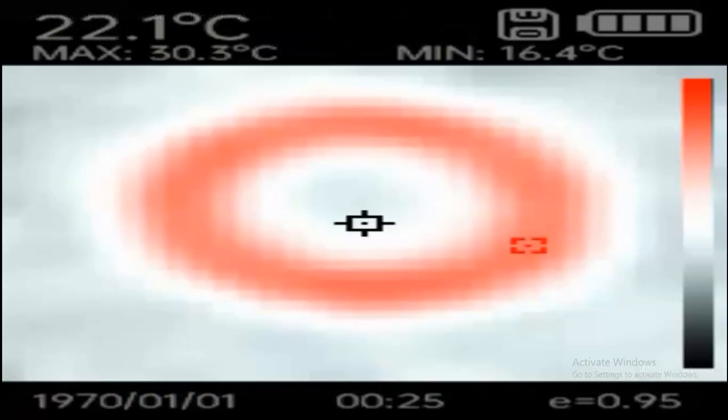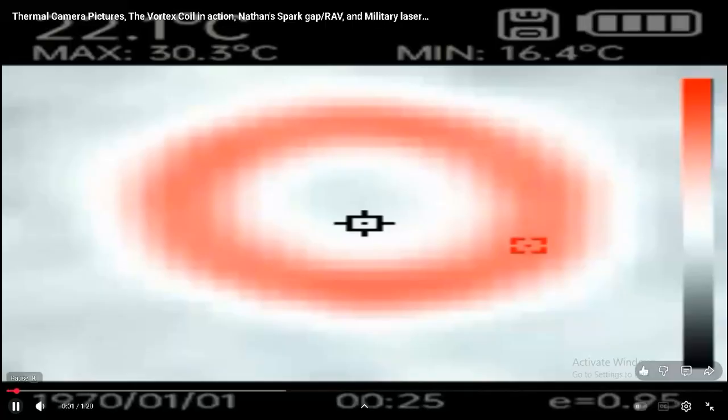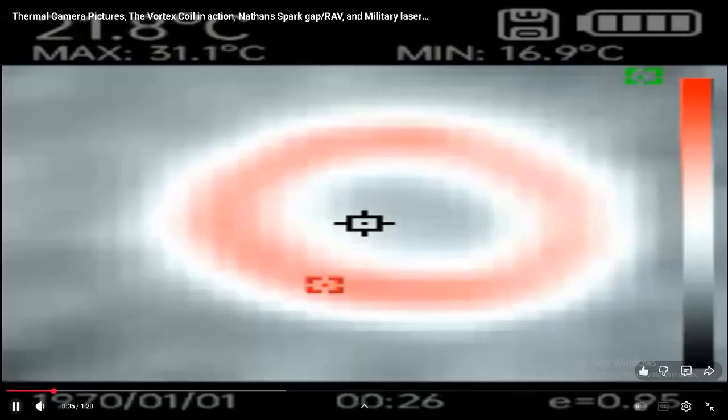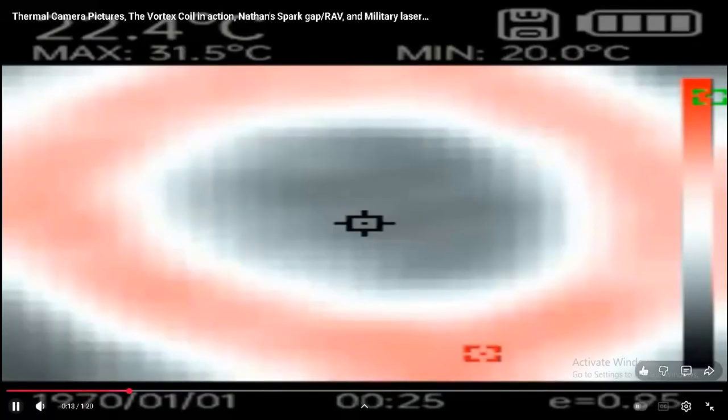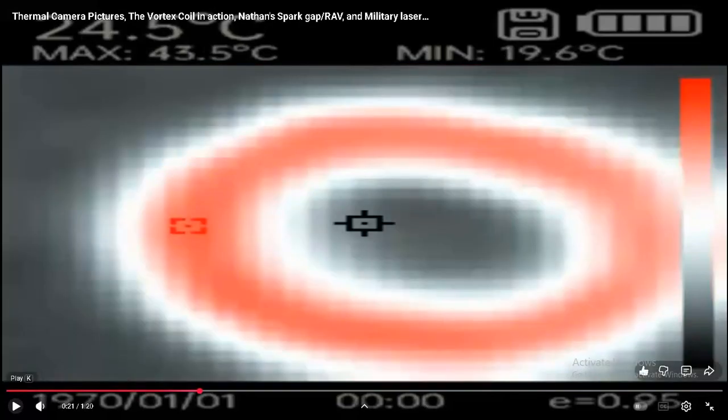Alright, so what you're seeing here is a thermal imaging picture of the coil in operation at 1 kilohertz. You're seeing the temperature of the ambient temperature of the room and the coil itself. And as it progresses, the temperature in the room starts to shift, and so does the temperature in the inner part of the open core of the coil itself. So this picture that we're seeing now is the ambient temperature of the room is at 24.5 degrees Celsius.